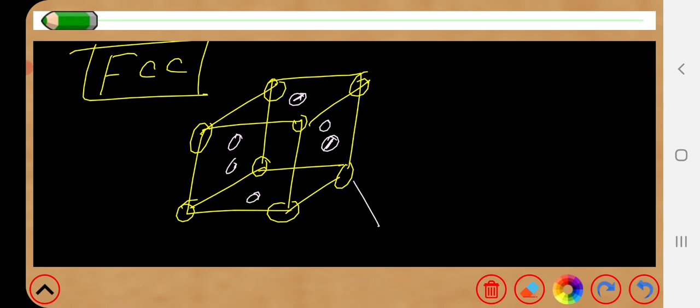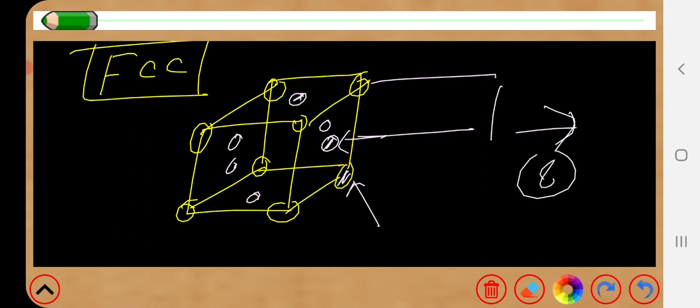If you take any corner atom or any face atom, and make at least 8 unit cells, then you can find that for any atom there are 12 nearest neighbors. It is a little bit tough to show you the nearest neighbors in this FCC structure, but you can find these 12 nearest neighbors. So the coordination number is 12.